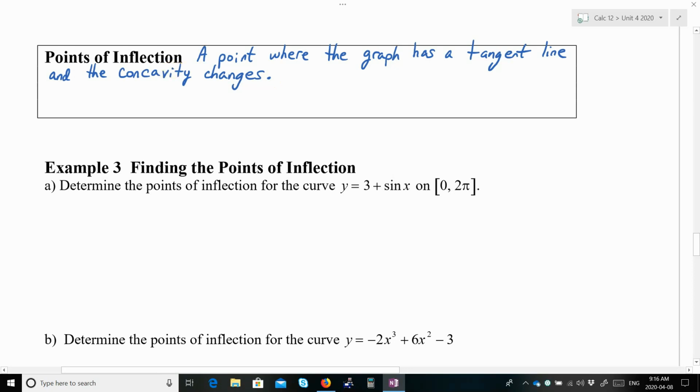And concavity usually comes down to the second derivative and what's happening with that.